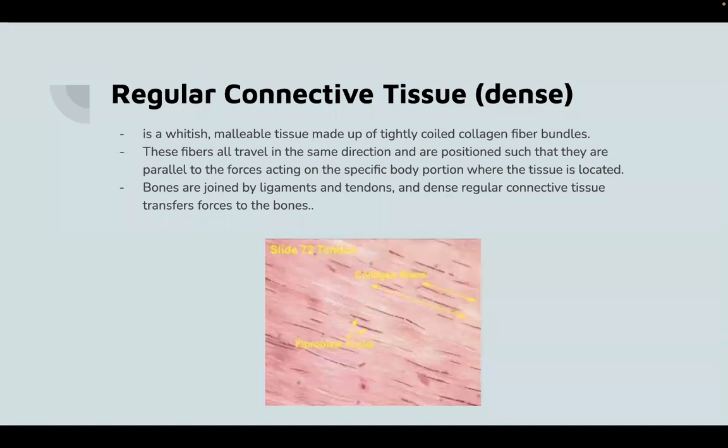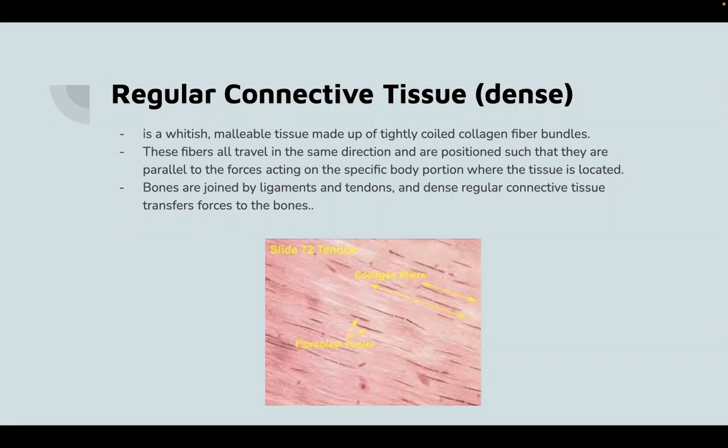Next, we're going to talk about regular connective tissue, and so this is a part of the dense connective tissue group.